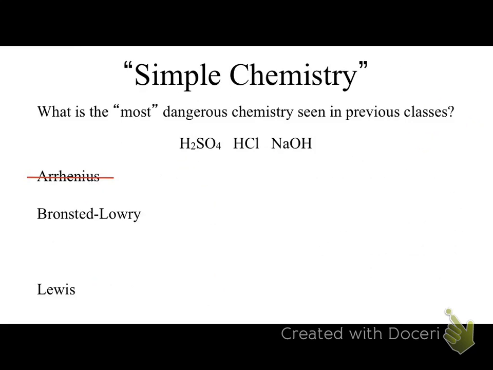When we're looking at acids and bases, what are our definitions? Does anybody happen to remember the definitions of your acid and base? Something that gives up or accepts a proton. What's your favorite acid? LSD doesn't count.